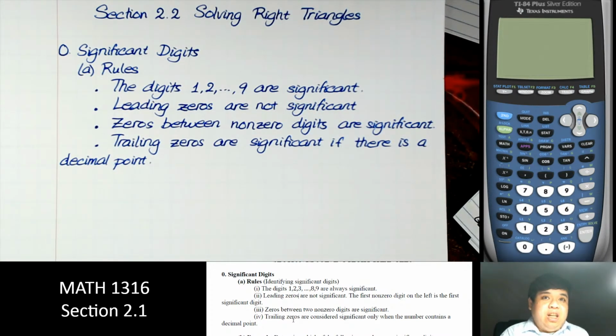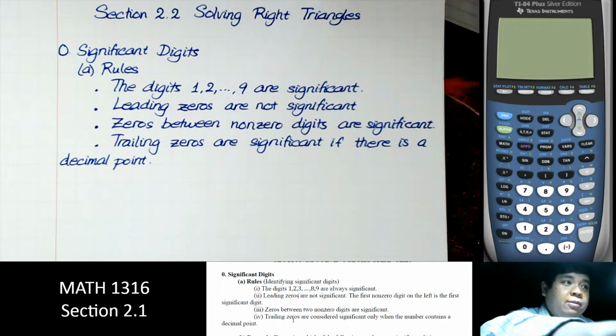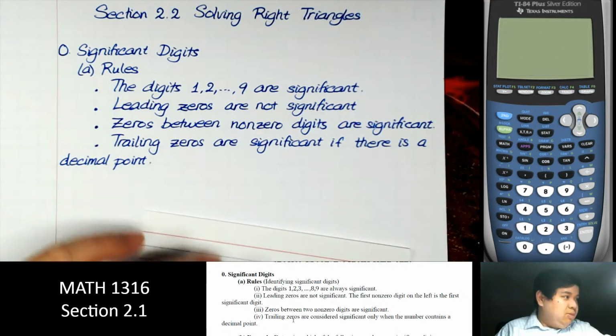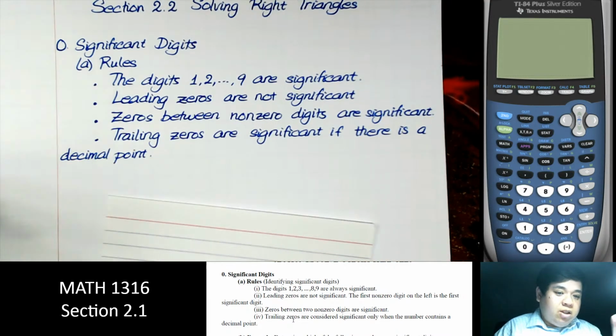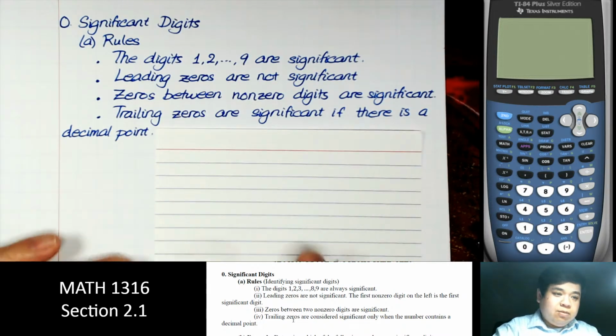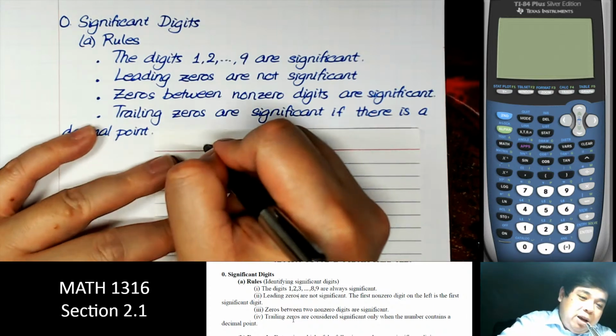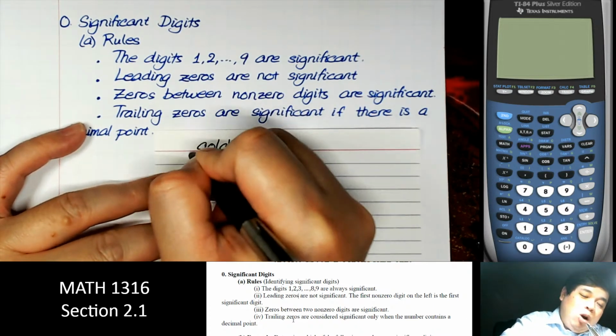But what is the significance of significant digits? What is the importance of this? So I'll give you an example here. Let's say you want to buy something, let's say gold, for example.